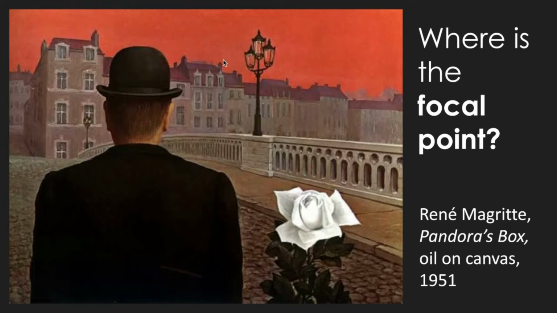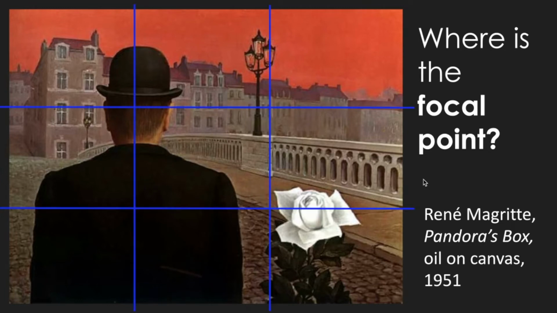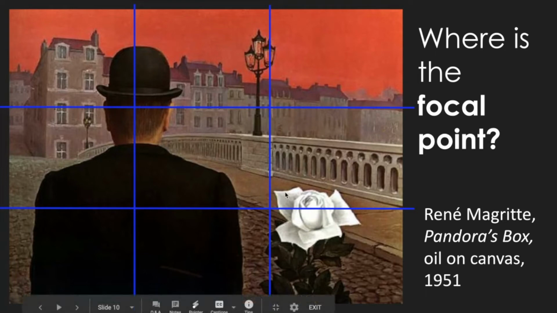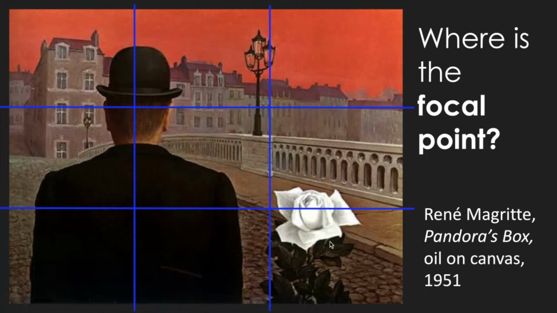So let's look at this artwork with our grid and see if the rule of thirds ended up matching up. Okay, look at this. So this rose isn't quite on that intersection, but very close, and definitely not in the middle, right? If this was right in the middle, it would definitely take away from our whole composition.